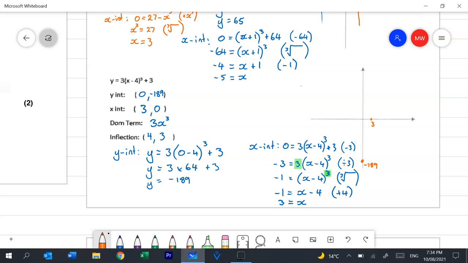I've got a point of inflection at 4, 3. So it's going to happen above the line. And so what we'll have is a curve that is rising, inflecting, and then rising again. And we're done.